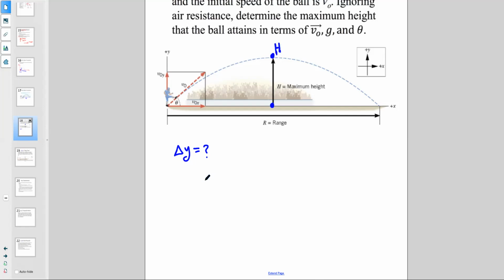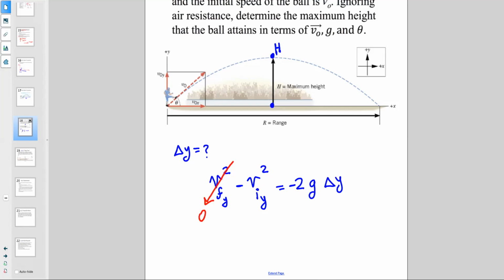So we have v final along y squared minus v initial along y squared equals negative 2g delta y, right? So finally, when it gets to that point along the y direction, it will stop. So this is 0.